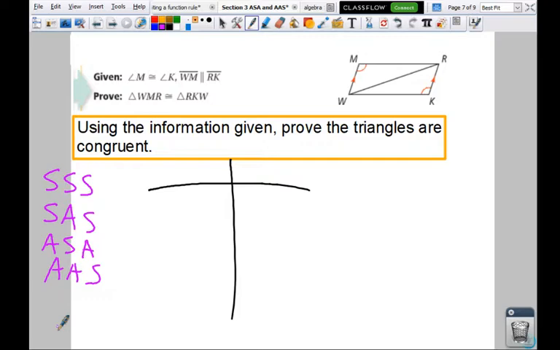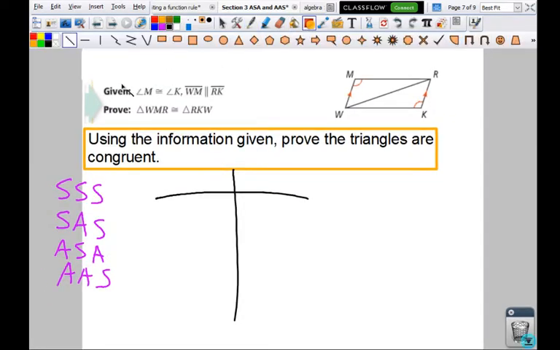Could there be angle, angle, angle? No. Chloe asked that. If you had angle, angle, angle, they could be the same shape, but they could be different sizes. One could be shrunken down and one could be really huge. So it wouldn't work. Just as a quick example, I got this triangle here, right?